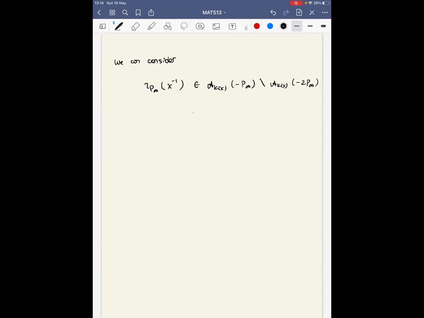Because when we check v_p of x inverse, when p is equal to p infinity, v infinity of x inverse is going to be 1 because x inverse is the prime element of the place p infinity. This is bigger than or equal to 1, but it's not bigger than or equal to 2. So this is why this is not an element in the space of 2 infinity minus 2p infinity.